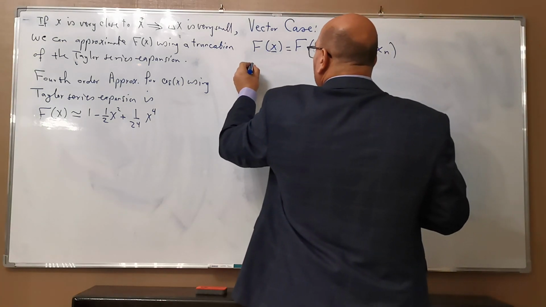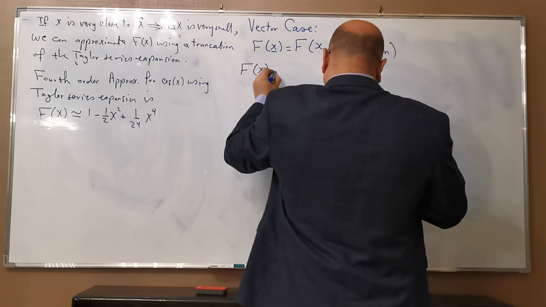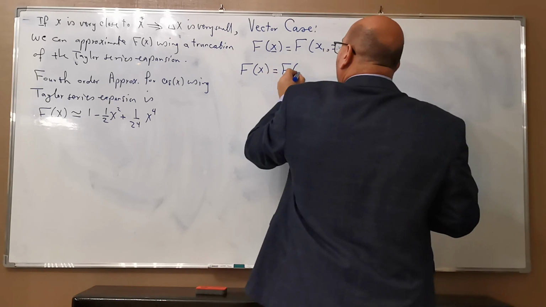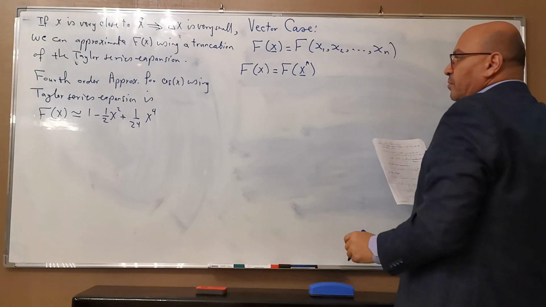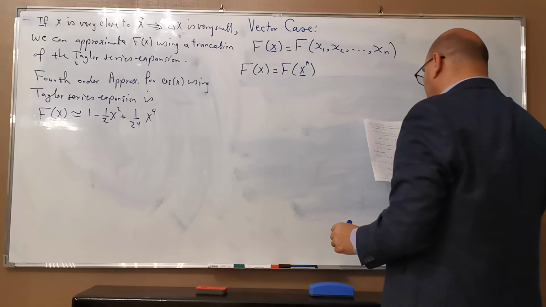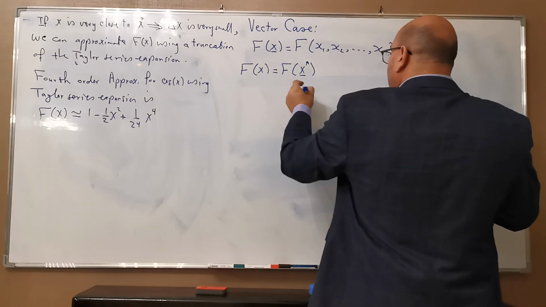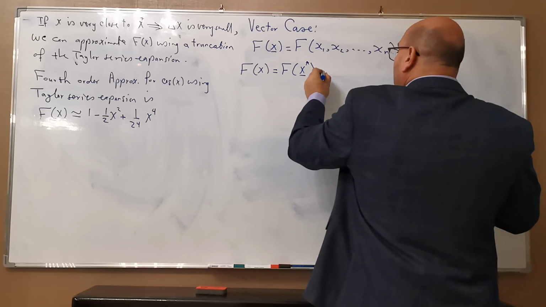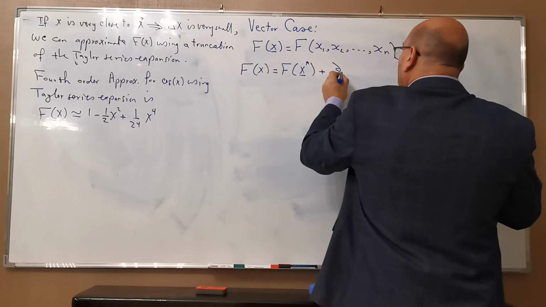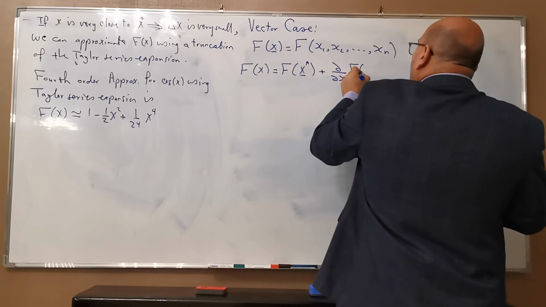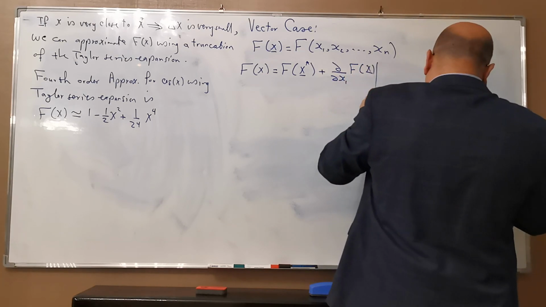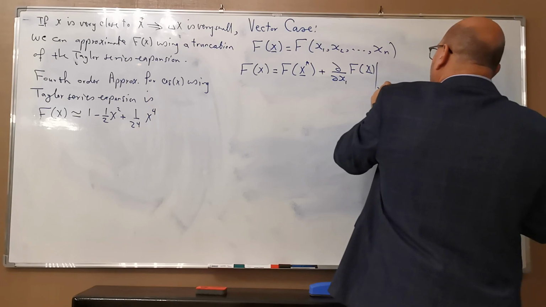Then f of x is equal to f of x star, where x star now is a vector of a point in the nth dimensional space, and this equals f of x star plus partial x1 of f of x evaluated at x equals x star.